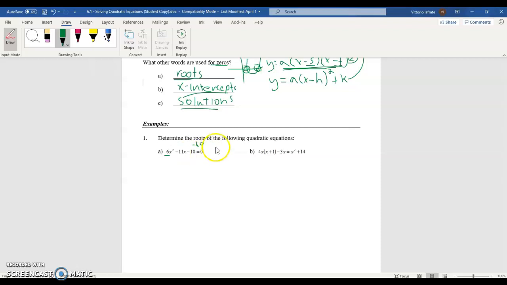And so it seems like the product would be negative 15 and 4, because when you add them together, negative 15 plus 4, you get negative 11. So we're going to factor this using decomposition. So we're going to have 6x squared. The negative 11 will decompose it into minus 15x plus 4x minus 10.